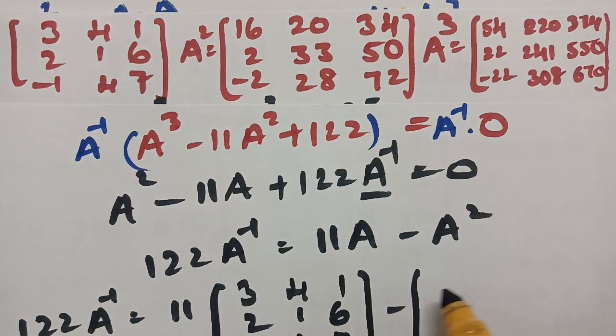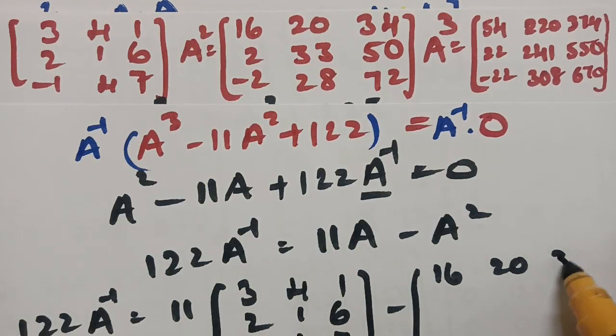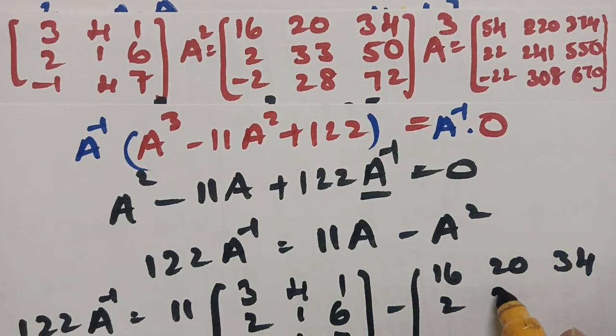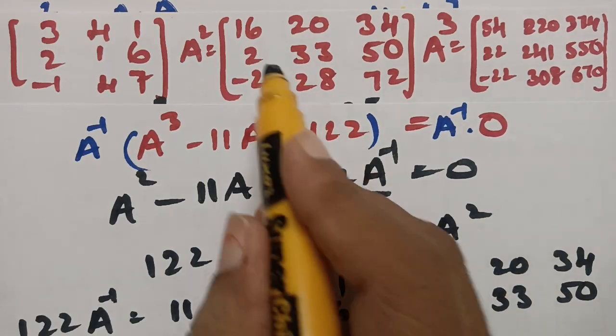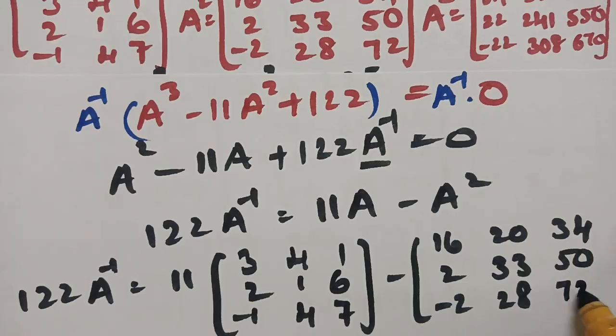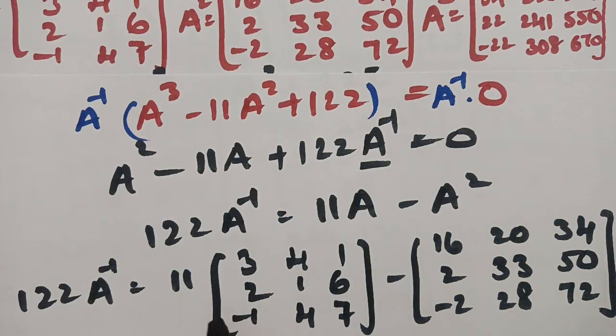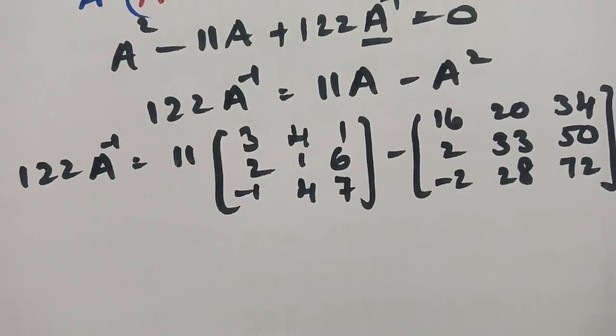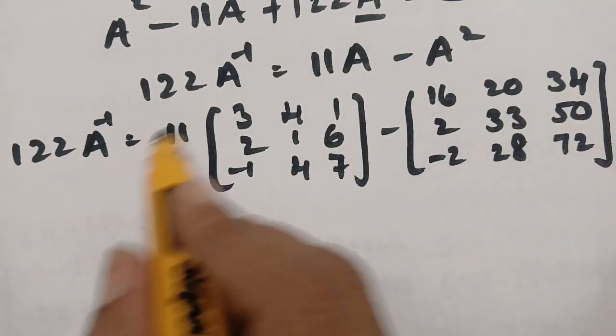So what is A square here? This is 16, 20, 34, this is 2, 33, 50, this is minus 2, 28 and 72. See here, 11 times A minus this one. So I am going to multiply with 11 this time.